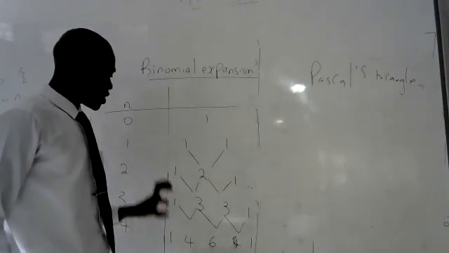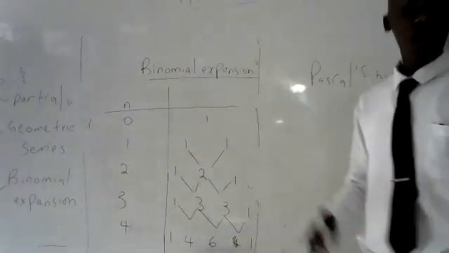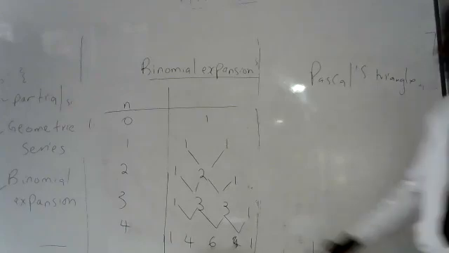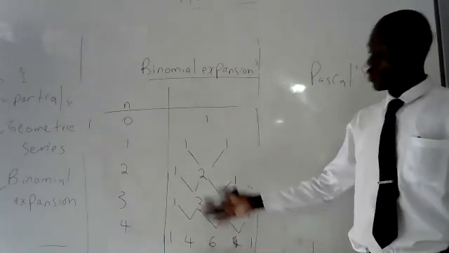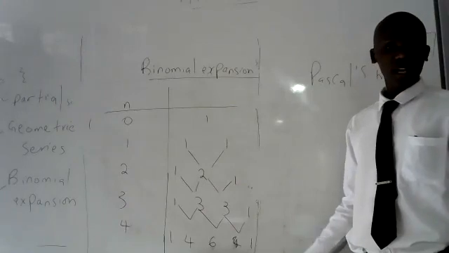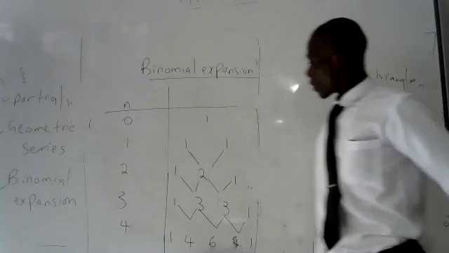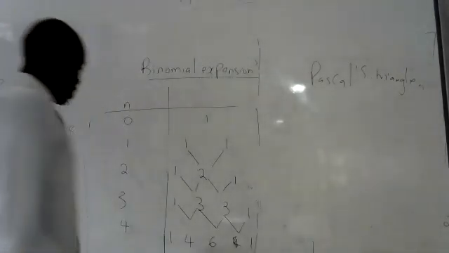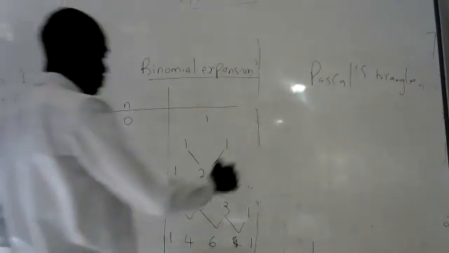But now, suppose someone asked you to expand maybe to the power of 20. We don't want to be doing this for 20 rows. It will be so hectic. We'll waste a lot of time doing this. So we will generalize how to find binomial coefficients.